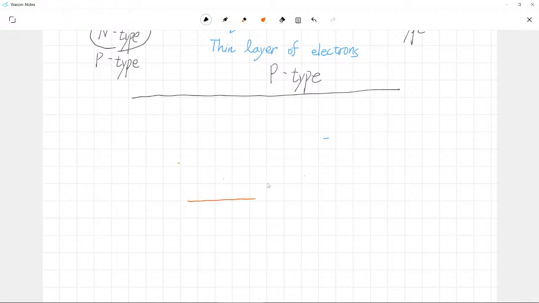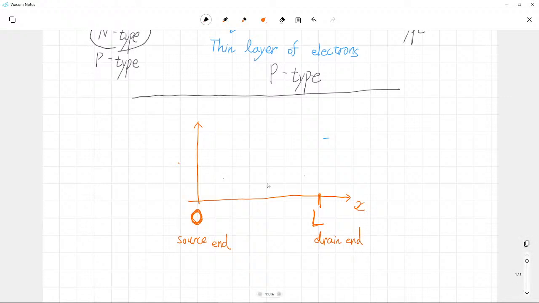If we draw it in this way, let's show x as the coordinate for our channel direction, and let's say that 0 corresponds to your source end, and let's call capital L the drain end.